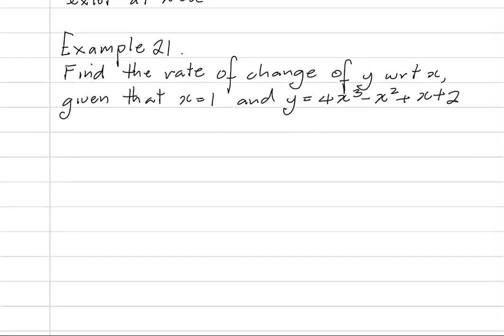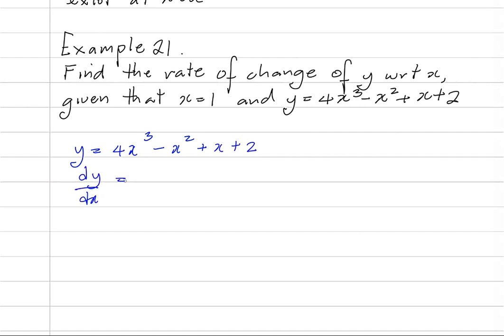So example 21 says find the rate of change of y with respect to x, given that x is equal to 1 and y is equal to 4x cubed minus x squared plus x plus 2. So the rate of change, which is dy by dx.